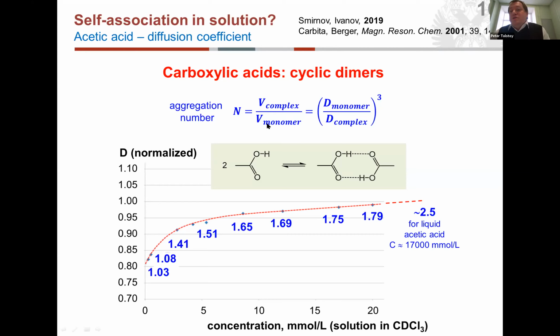And these volumes in turn can be estimated through the diffusion coefficients. So the cube of the ratio of diffusion coefficients is related to the aggregation number within all the approximations done in this reasoning. So the acetic acid in solution in chloroform, let's say, can be either monomeric or dimeric.